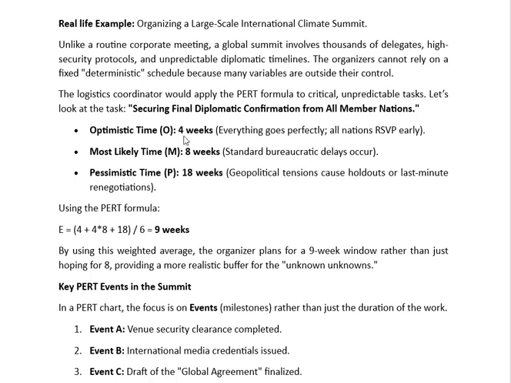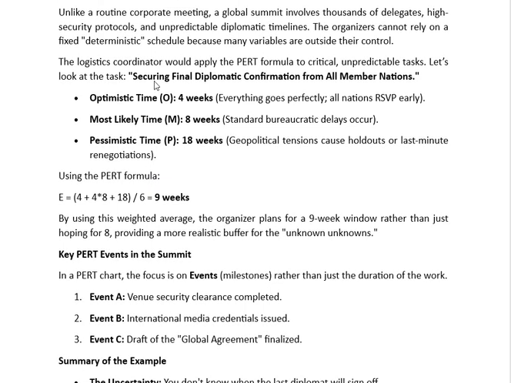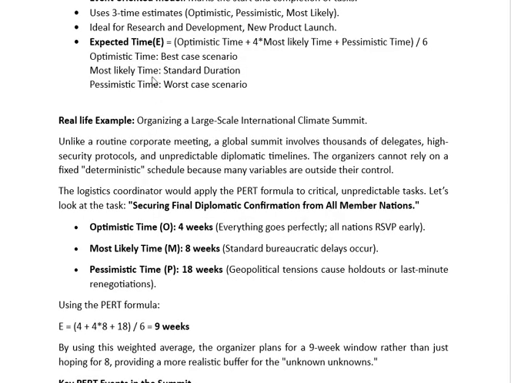Optimistic time O is 4 weeks: everything goes perfectly, all nations RSVP early. Most likely time M, 8 weeks: standard bureaucratic delays occur. Pessimistic time P, 18 weeks: geopolitical tensions cause holdouts or last minute renegotiations.